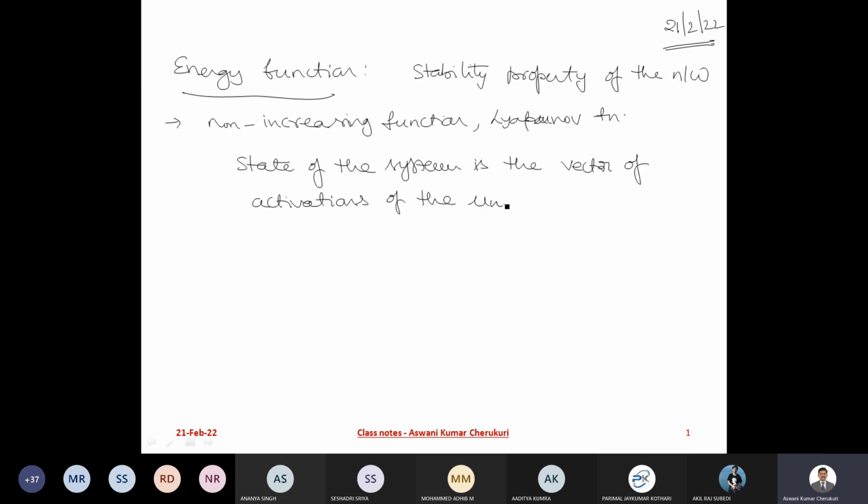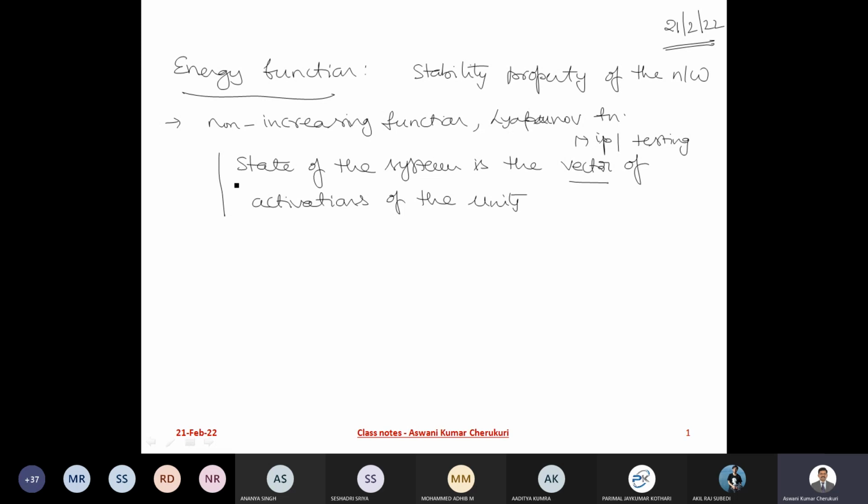Remember, when I say vector of activations, in the auto associative, hetero associative, bidirectional associative or Hopfield models, we have seen both the input vectors and, during testing, the noisy patterns. So the state of the system is typically the vector of activations of the units of the network.